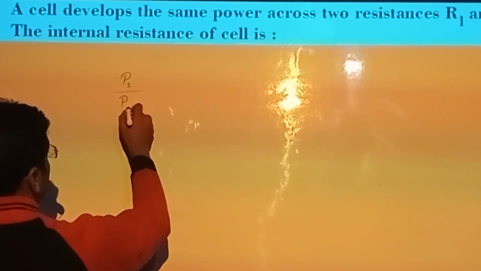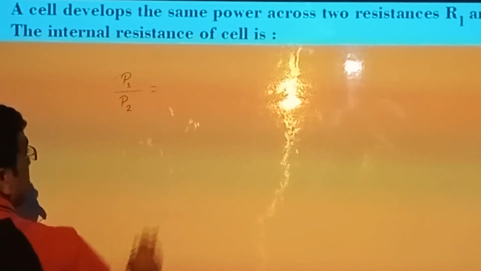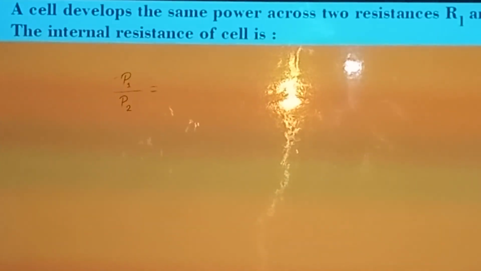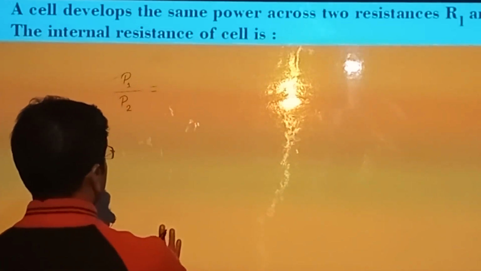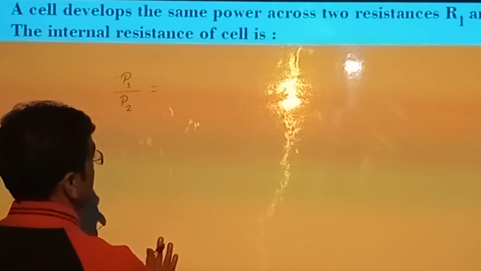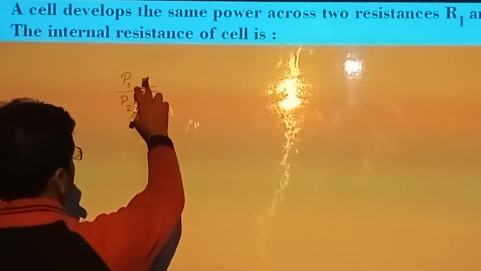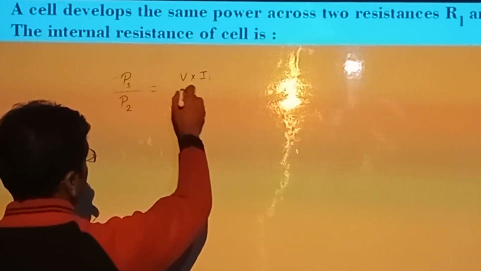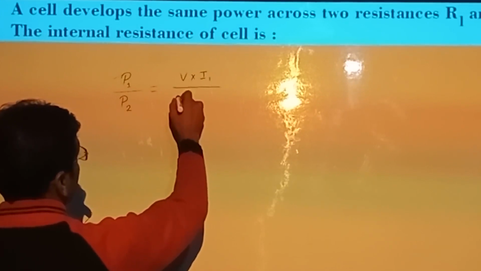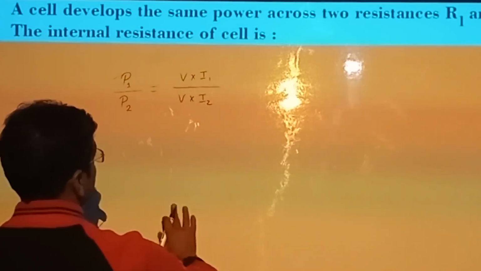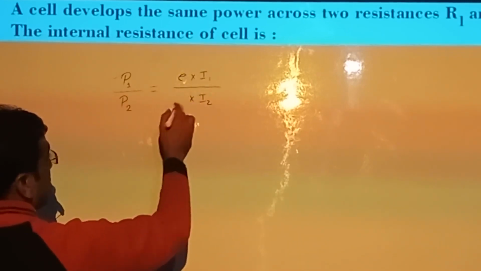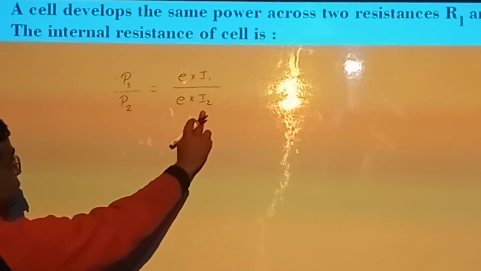And I put the value of power P2 if the resistance R2 is connected to the outer section. Now power equal to V into I, so P1 equal to V into I1 and P2 equal to V into I2. The potential difference relates to E, and here we can rewrite it as E.